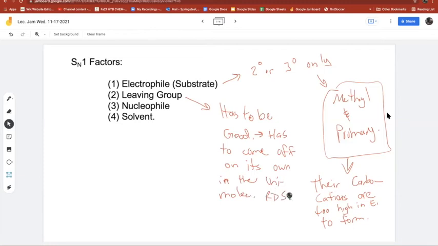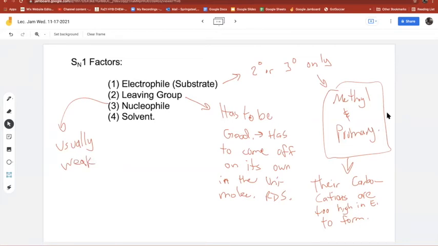And the nucleophile, usually weak, because it's not in the rate determining step, it doesn't really matter. Once the carbocation forms, then the nucleophile gets drawn in.